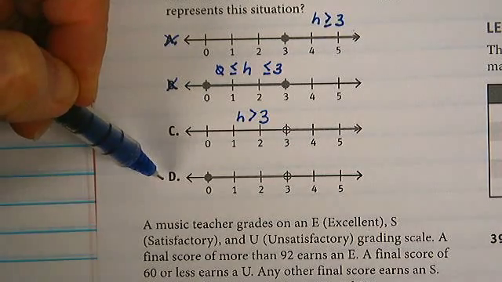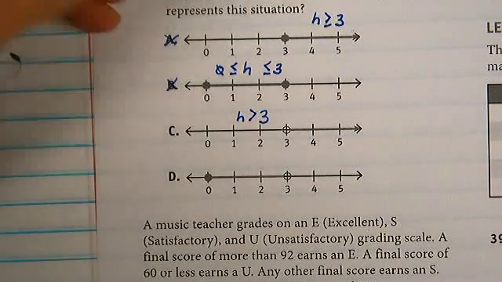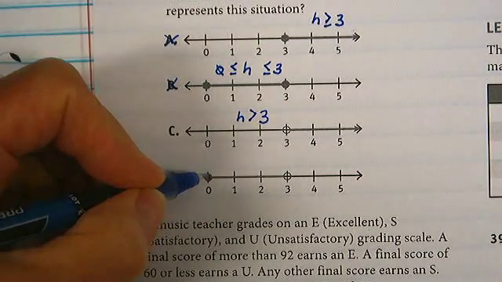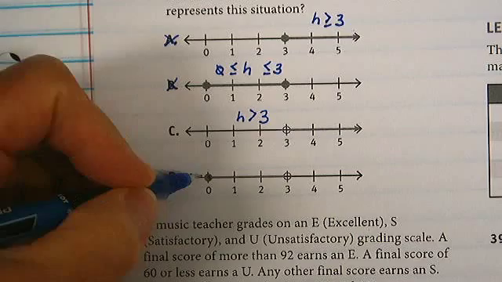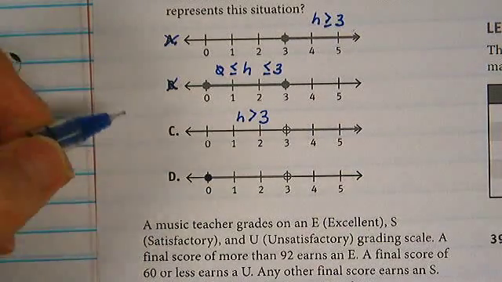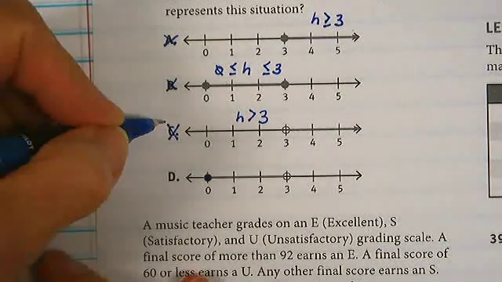D is correct. H strictly less than 3, but it includes 0 because we can't have negative time the same way we can't have negative distance.